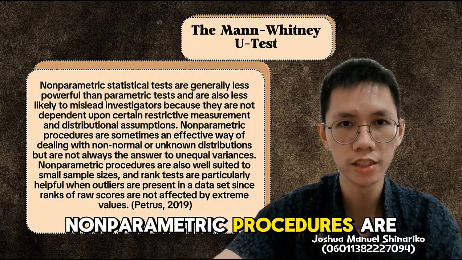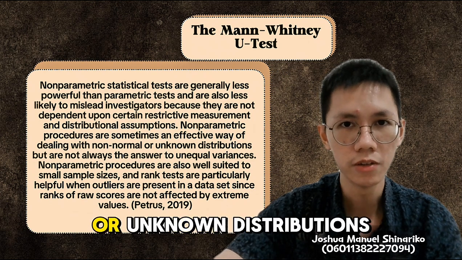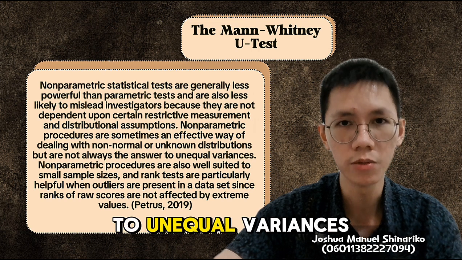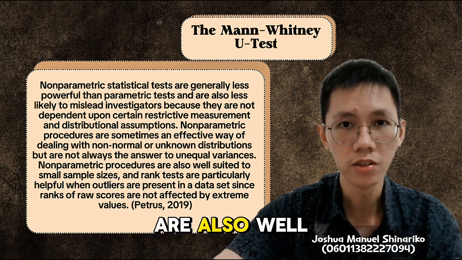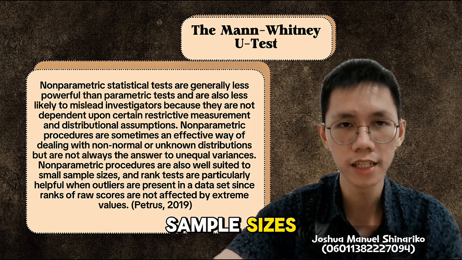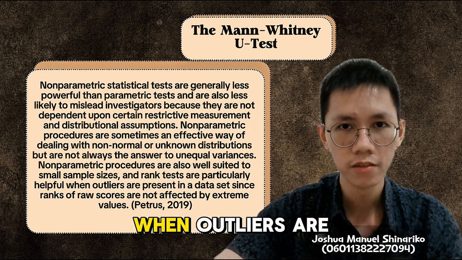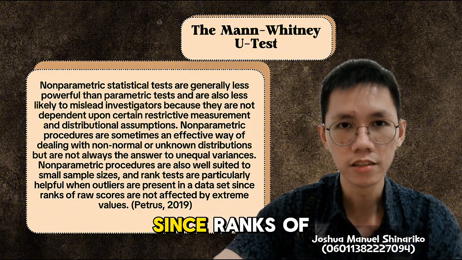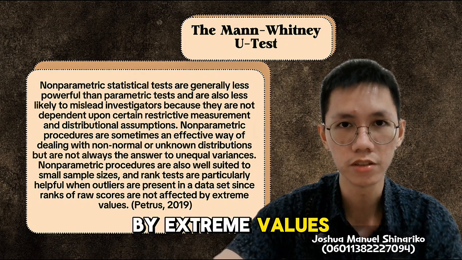Non-parametric procedures are sometimes an effective way of dealing with non-normal or unknown distributions, but are not always the answer to unequal variances. Non-parametric procedures are also well suited to small sample sizes, and rank tests are particularly helpful when outliers are present in a data set, since ranks of raw scores are not affected by extreme values.